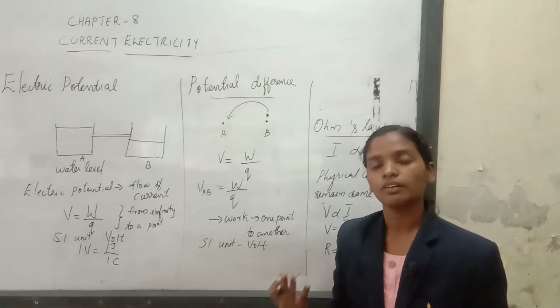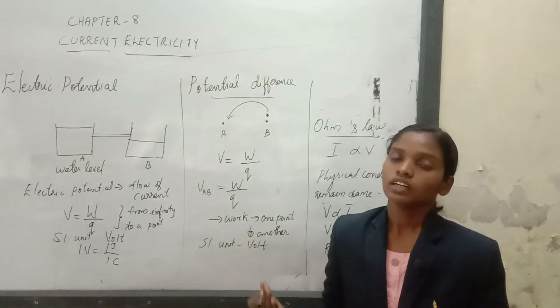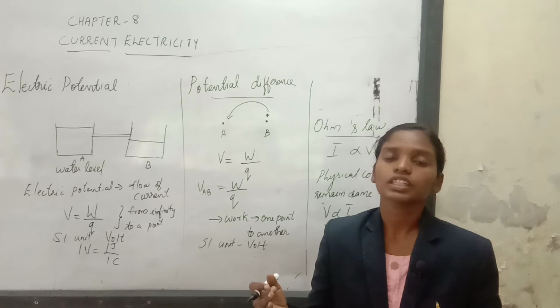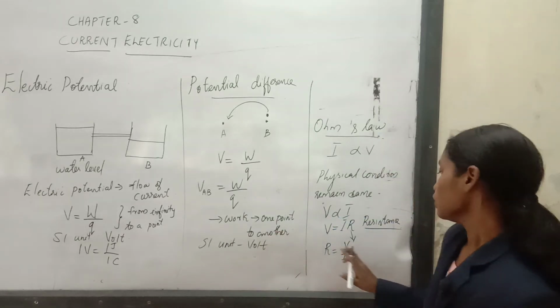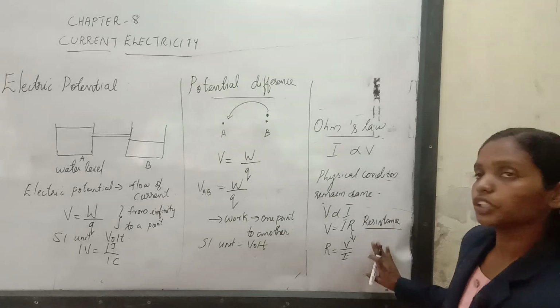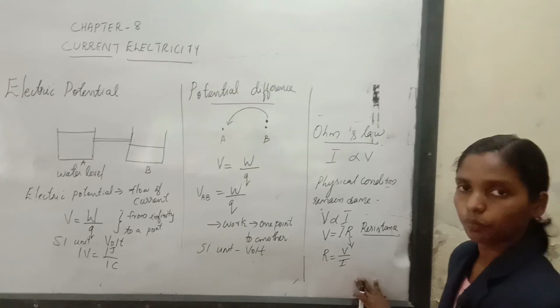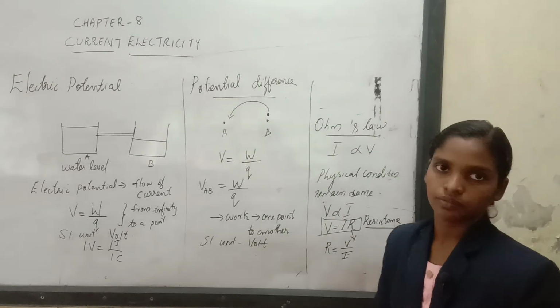It means obstruction. Resistance is the obstruction to the current flow in a conductor. So from Ohm's law we get the equation for resistance, R is equal to V upon I, and Ohm's law says V is equal to IR.